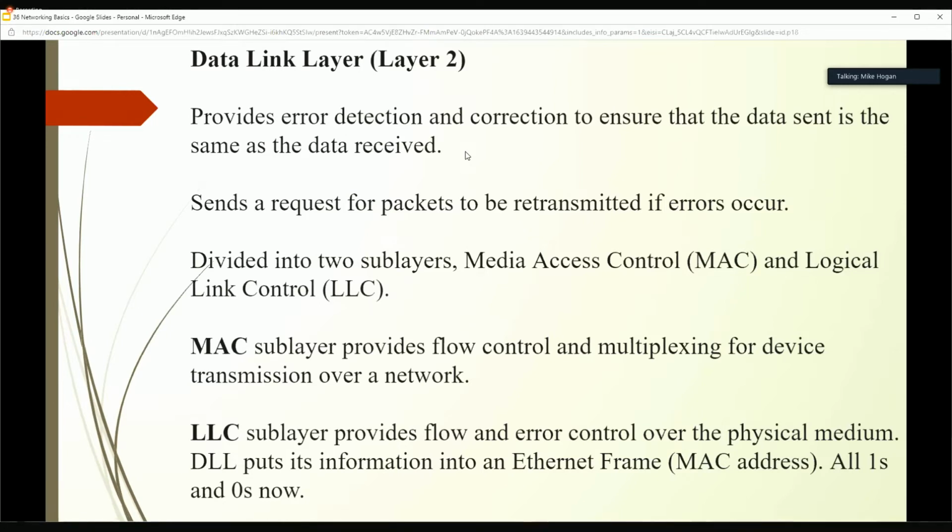And remember that MAC address, that's the address that is hard coded, burned into our NIC, right? So at this data link layer, you've got your NIC. Think about some of this terminology, data link layer.